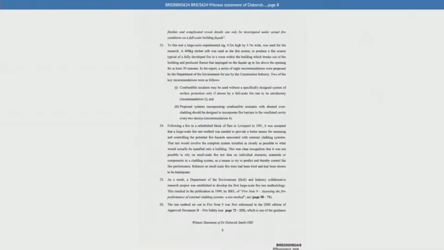Let's look at your statement then, please. Page 8, paragraph 24. At paragraph 24, you say this: following a fire in a refurbished block of flats in Liverpool in 1991, it was accepted that a large-scale fire test method was needed to provide a better means for assessing and controlling the potential fire hazards associated with external cladding systems.